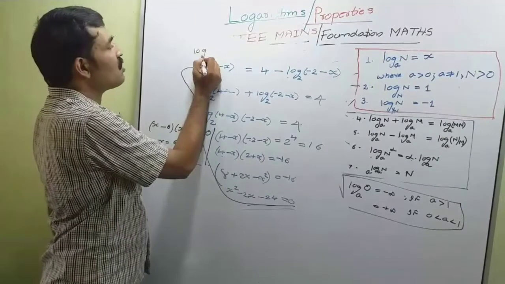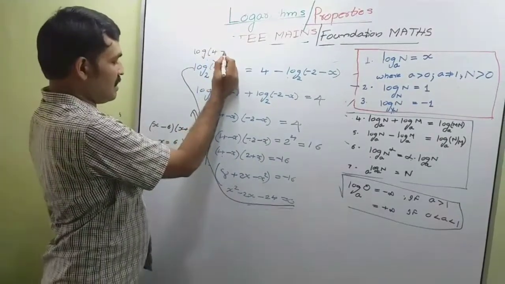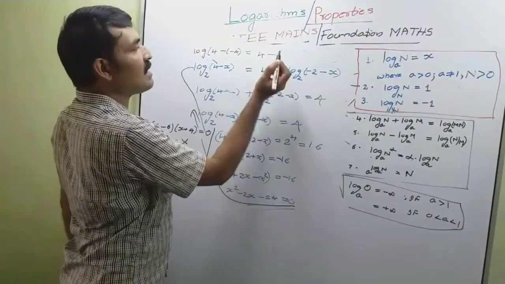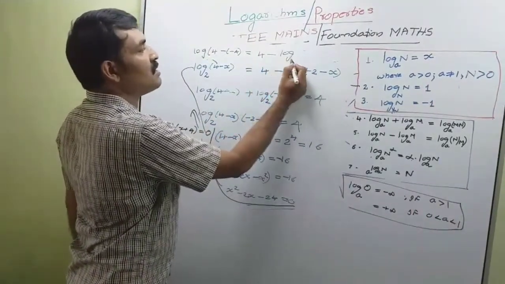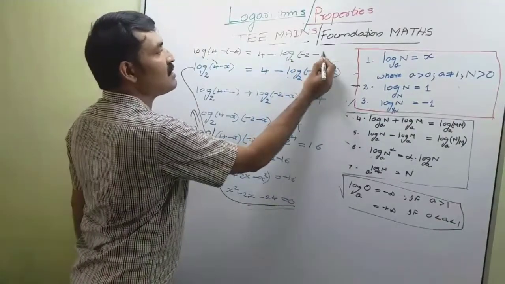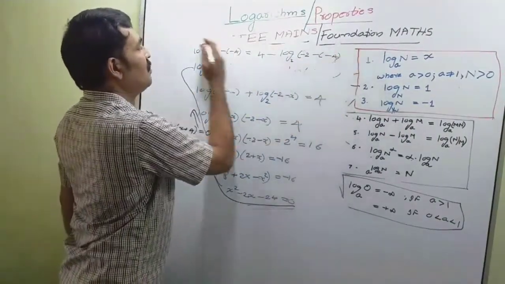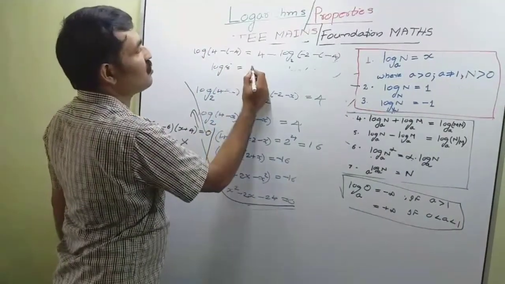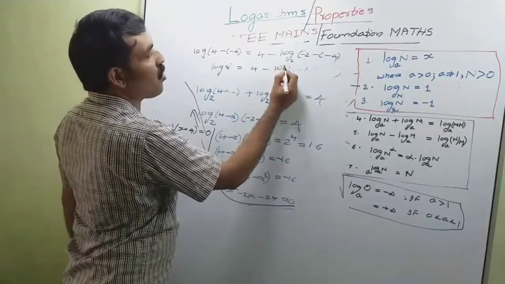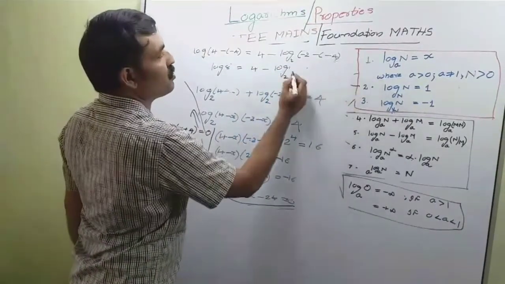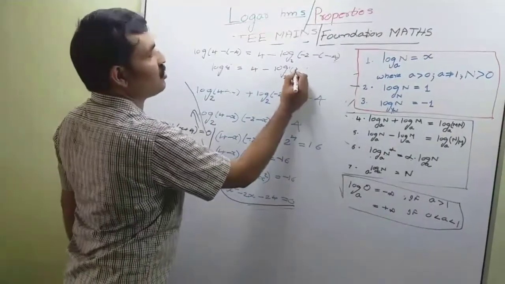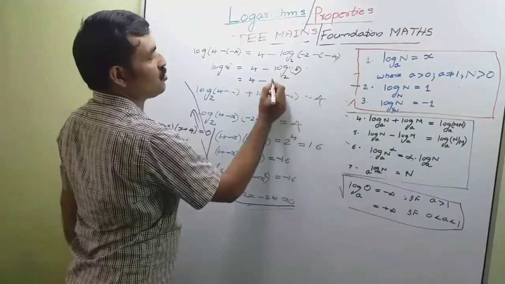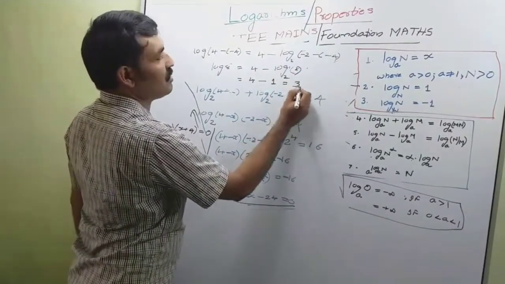becomes log of 4 minus of minus 4, is equal to 4 minus log base 2 of minus 2 minus minus 4. That means log 8 is equal to 4 minus log base 2 of plus 4, that is equal to 2. This is equal to 4 minus log 2 to the base 2, that is 1, is equal to 3.